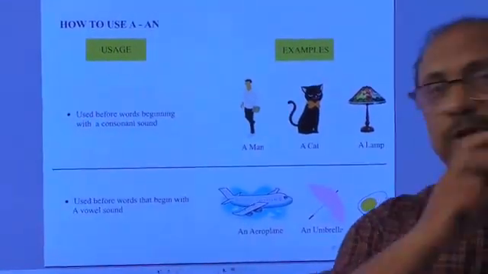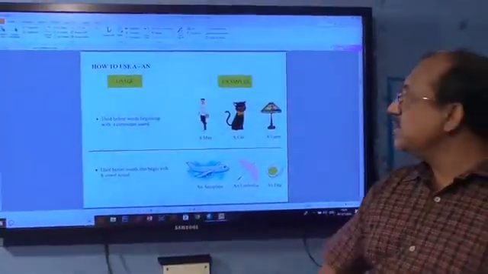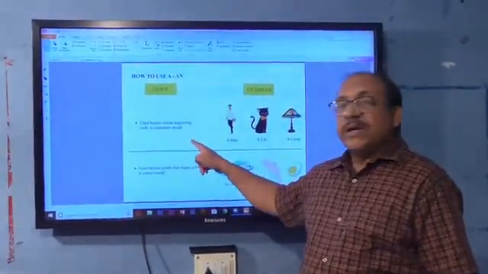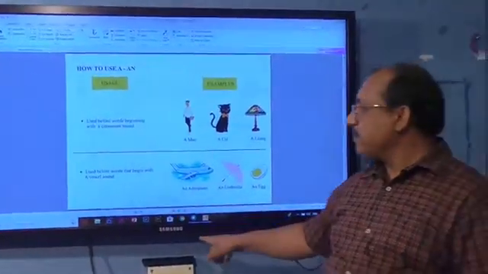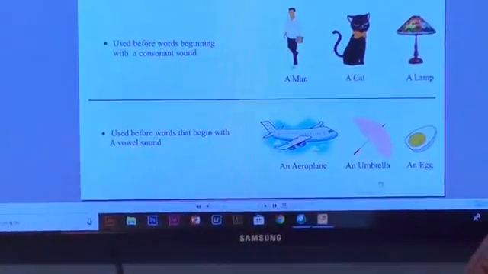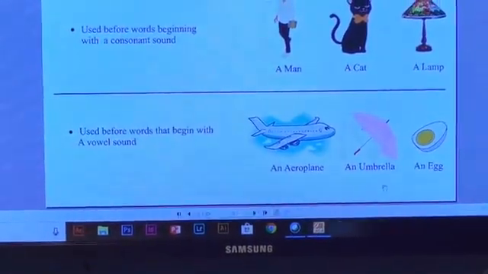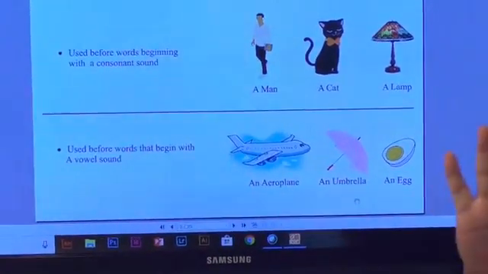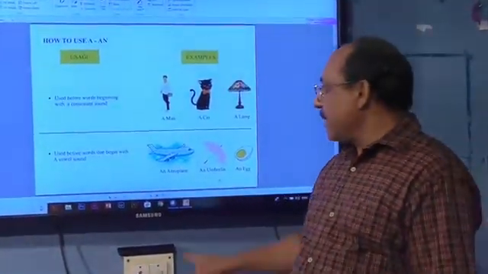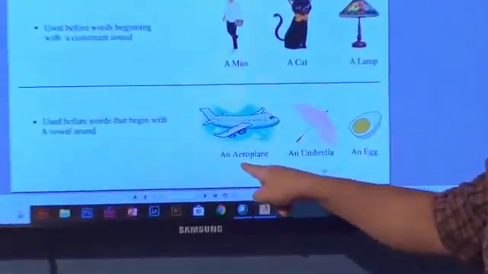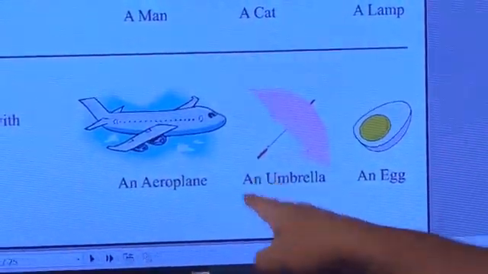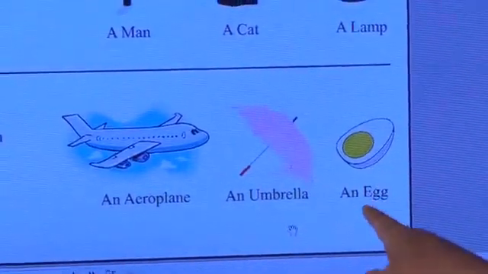So the words beginning with a consonant sound take a before them. In a similar manner, the words which begin with a vowel sound: we all know that in English there are 5 vowels, A, E, I, O, U. So the words beginning with vowels take an before them. We have an aeroplane, an umbrella, an egg.